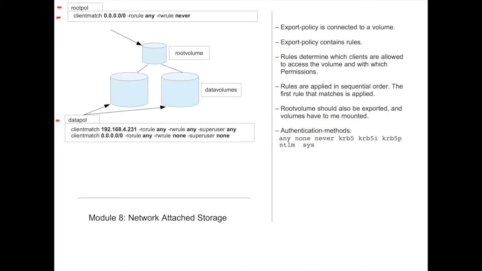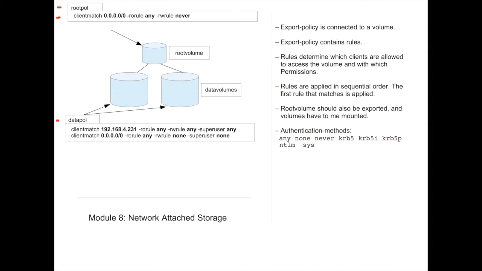So in some cases, you have to open up your volume for superuser access. The second rule we find in here is the client of any network in the world is allowed to read and will be mapped to anonymous if it tries to write. And superuser also is blocked.